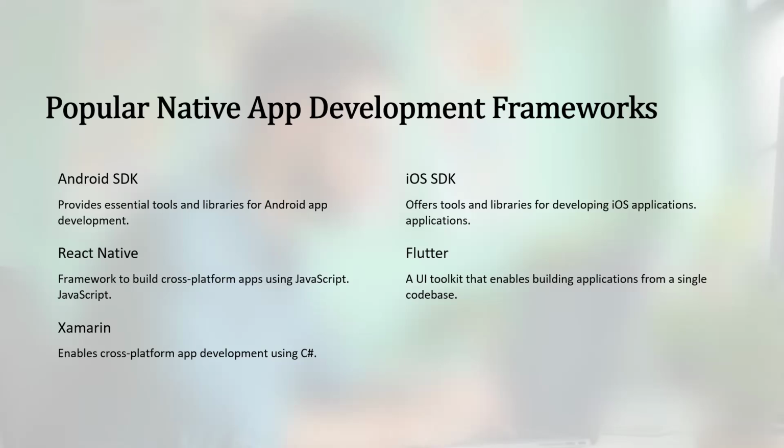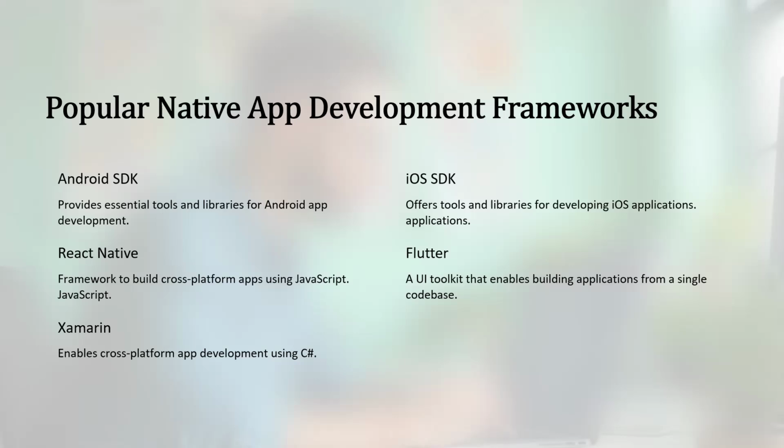React Native allows developers to use JavaScript and React to build apps that run natively on both Android and iOS. Then the next framework, Flutter, lets you build visually attractive apps from a single code base using the Dart language.